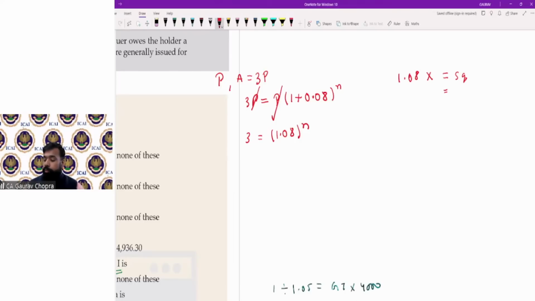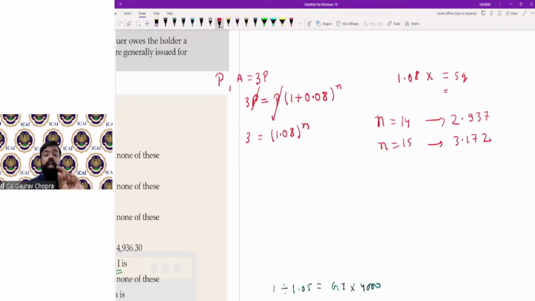So 1.08 multiply equal to, so power 2, 3, 4, 5, 6, 7, 8, 9, 10, 11, 12, 13, 14. Power 14. When n is equal to 14, we are getting 2.937. And if n is equal to 15, we are getting 3.172.